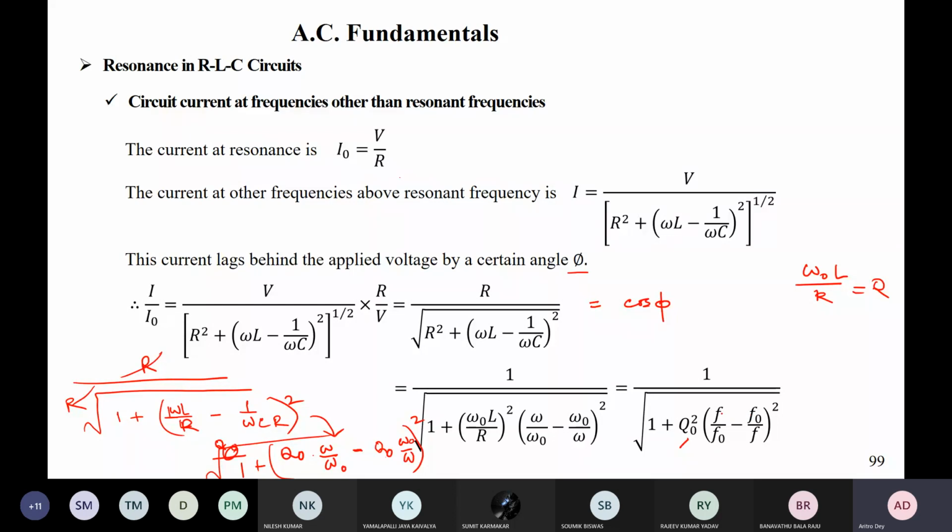So you can write in this form in terms of frequency and the quality factor, then you can write I as I0 divided by root over of 1 plus Q0 square, F by F0 minus F0 by F, whole square. So this is how you can write it.